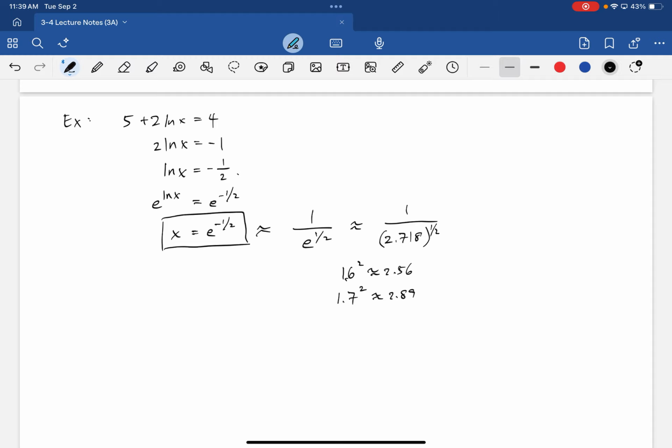So I know that the square root of 2.718 should be somewhere in between, and it should probably lean closer to 1.7. So I'm going to say that's about 1.67. And then obviously 1 over 1.67 is just 1 over 5/3, which is equal to 3/5 or 0.6.